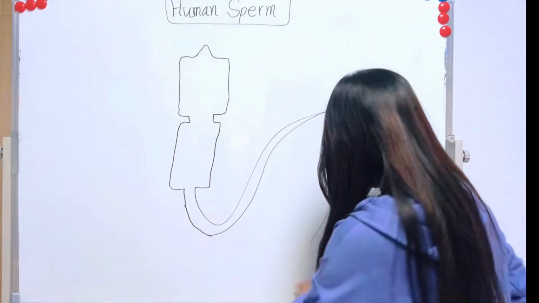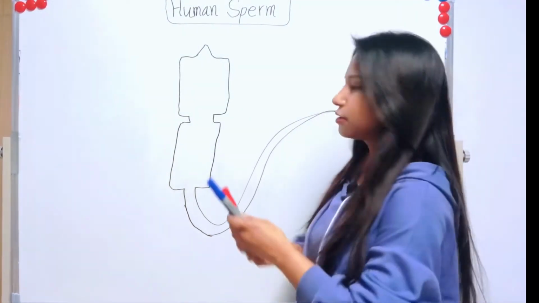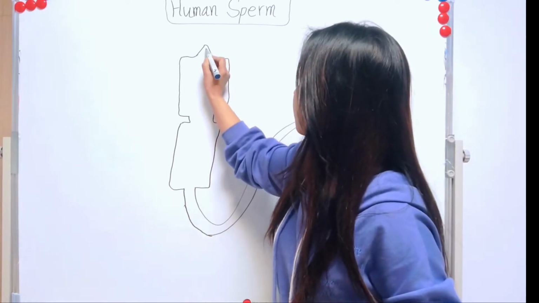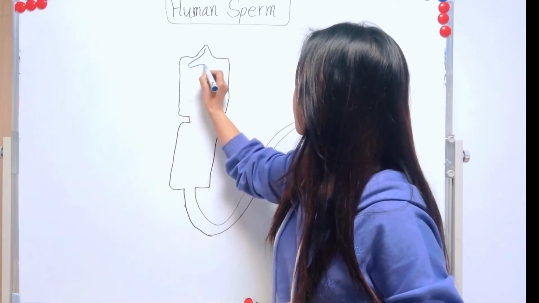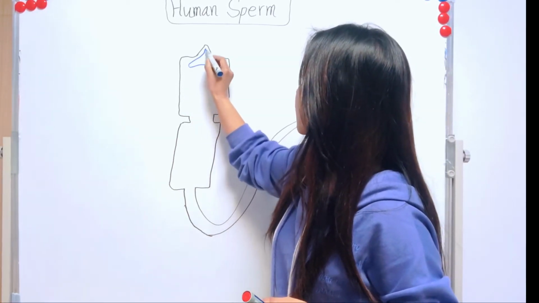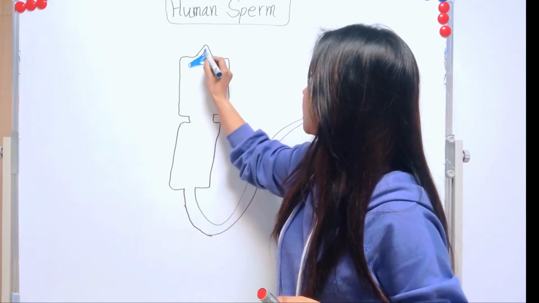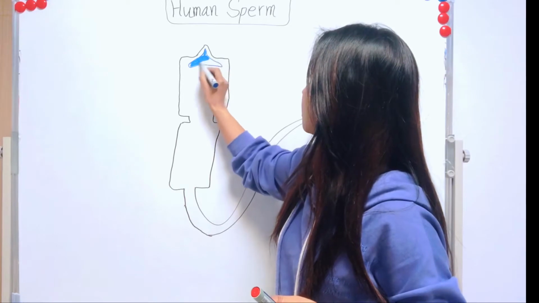Now the head consists of two important components. One cap-like structure present here is called the acrosome. Acrosome contains enzymes.